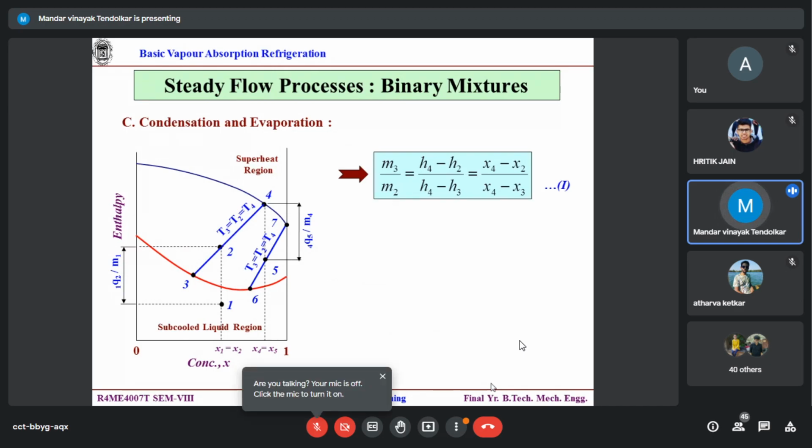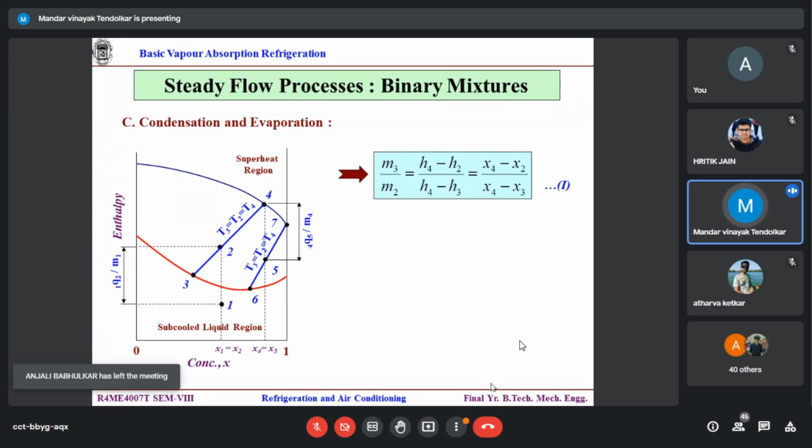So again, I can draw on similar lines to the adiabatic mixing process. On similar lines, I can find that it is an inclined line having the same slope: H4 minus H2 divided by X4 minus X2. Even if you cross exchange, the slope will be the same, so it falls on the same line.